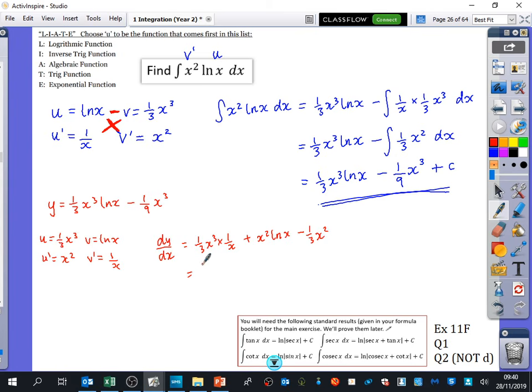This bit here simplifies to a third x squared plus x squared ln x minus a third x squared. So it does differentiate back to x squared ln x, okay? This is just checking or showing it works. You don't need to do this. It does work. It does give us the right answer of x squared ln x.